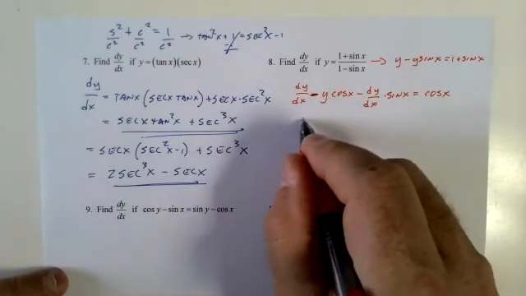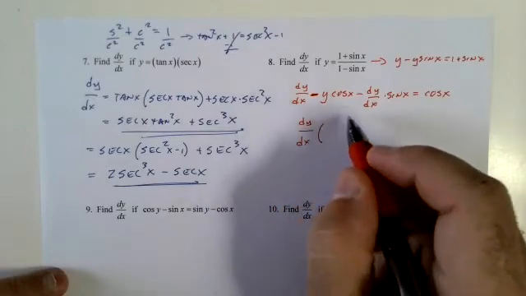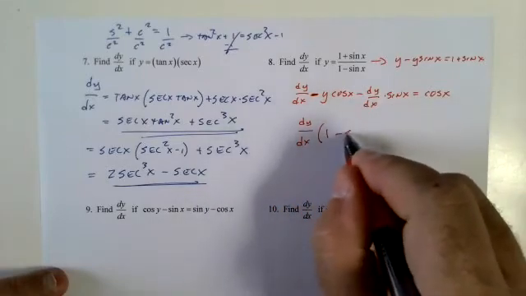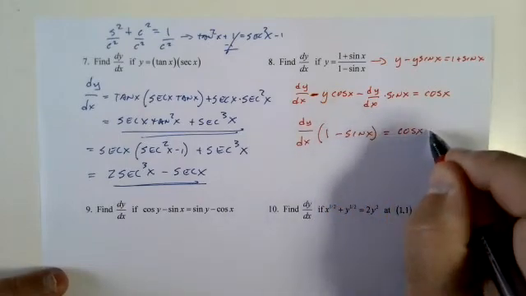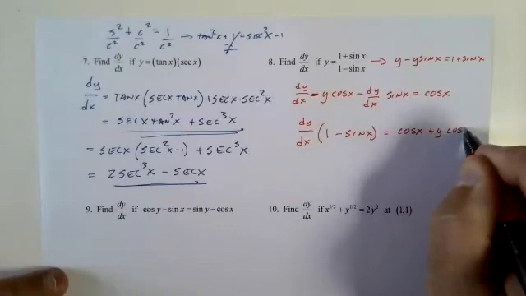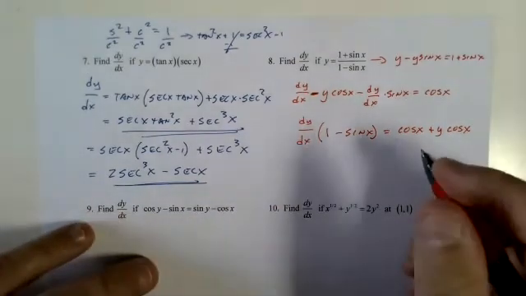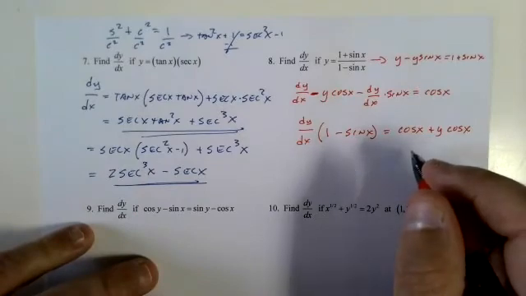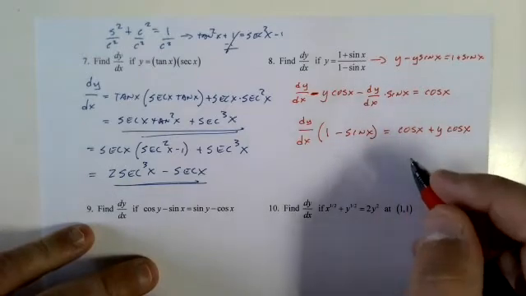And if I screwed up, so be it. dy/dx, 1 minus sine x equals cosine x plus y cosine x. Interesting. I'm going to get a different answer here than what I got previously, but we'll see if that's a problem or not.